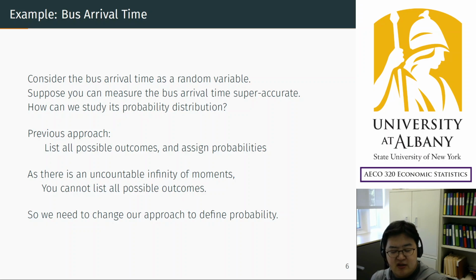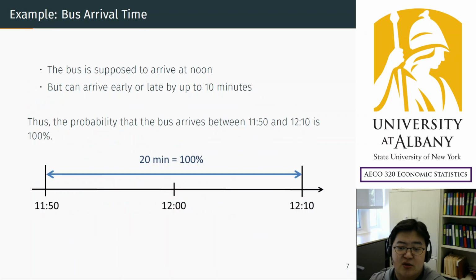So we have to use a different way to define, describe and present the probability distribution. That's what we are going to do before we begin the normal distribution. So this is another way. Instead of listing the outcomes as a table, we are going to use a line.